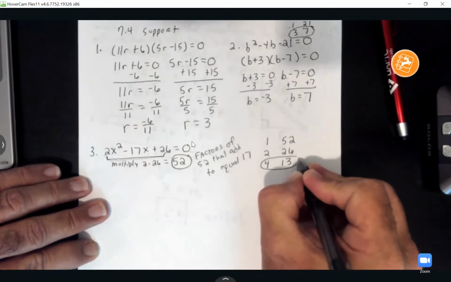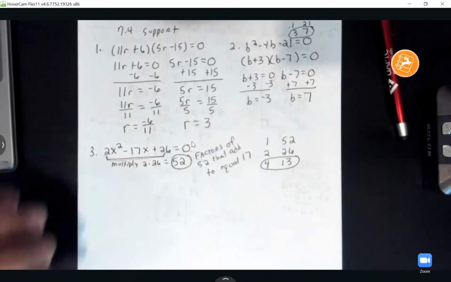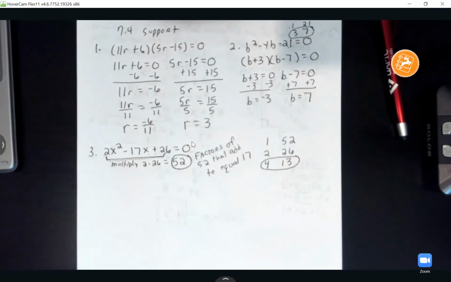I thought there was a way to do that on the calculator. I remember my last teacher showing me, but I don't remember what it was. Like to get your factors like that? What was the way? I just don't remember. So let's see. I'm trying to think. Some of them use these apps. Let me see if it's the apps you're talking about.